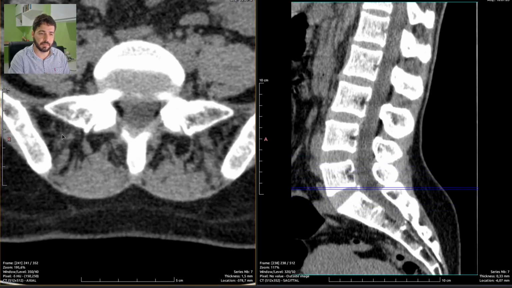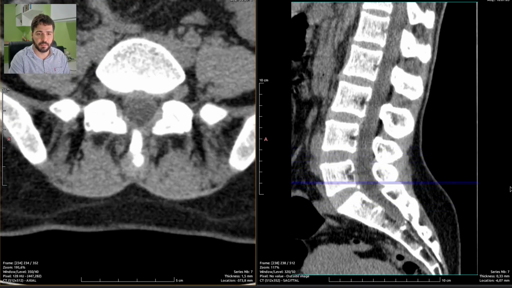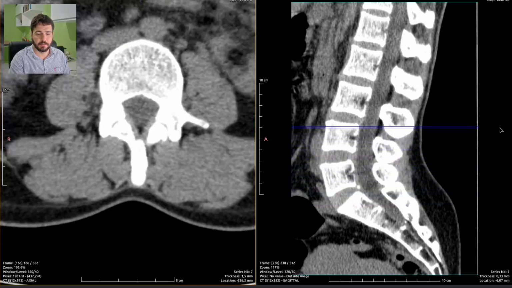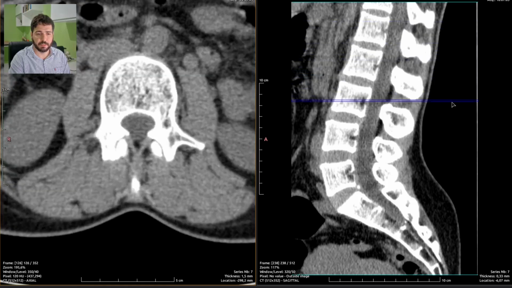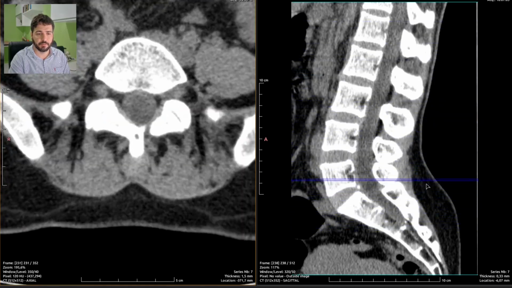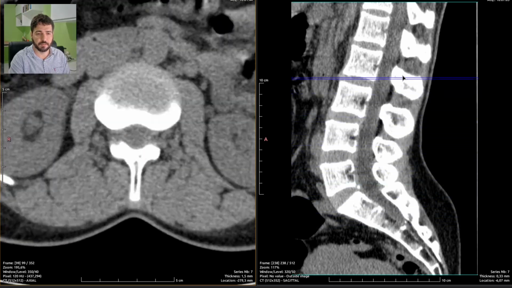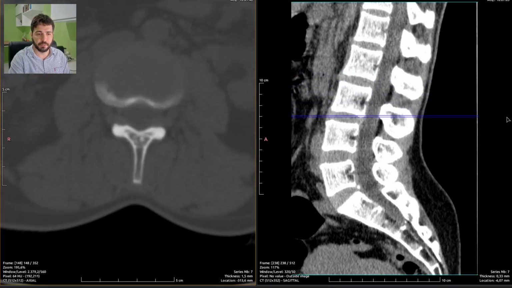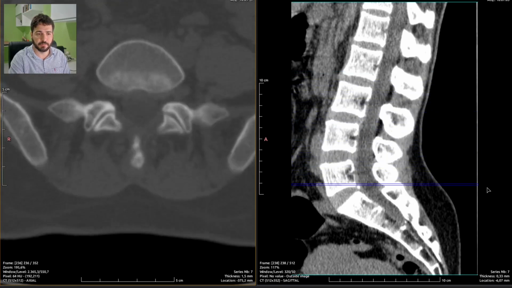Also, you can see there is mild hypertrophy of perivertebral muscles, which can be related to chronic denervation or just be constitutional of this single patient. But we are going to report it because it could be related to chronic pain.